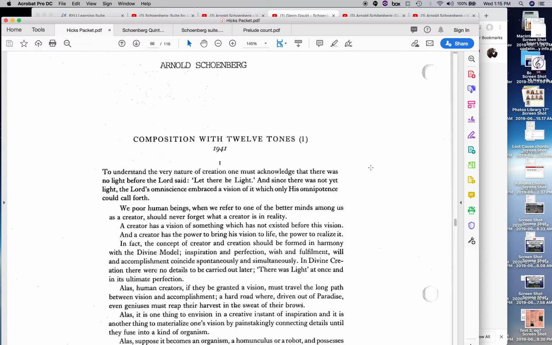Then after World War II, an interesting thing happened. 12-tone serialism was taken up by many American composers, students of Milton Babbitt's and others. And 12-tone serialism became quite ascendant among American university composers.